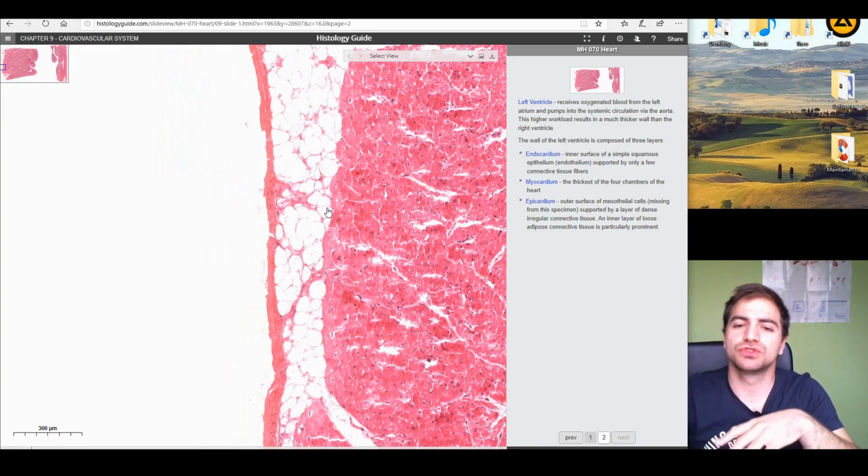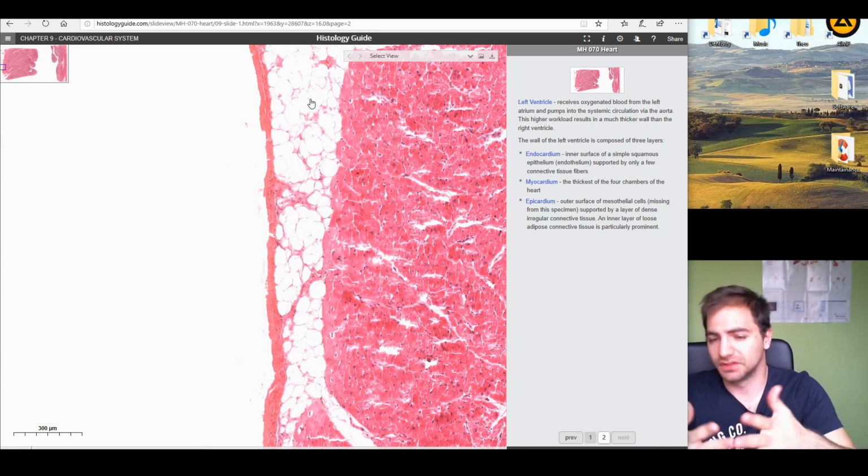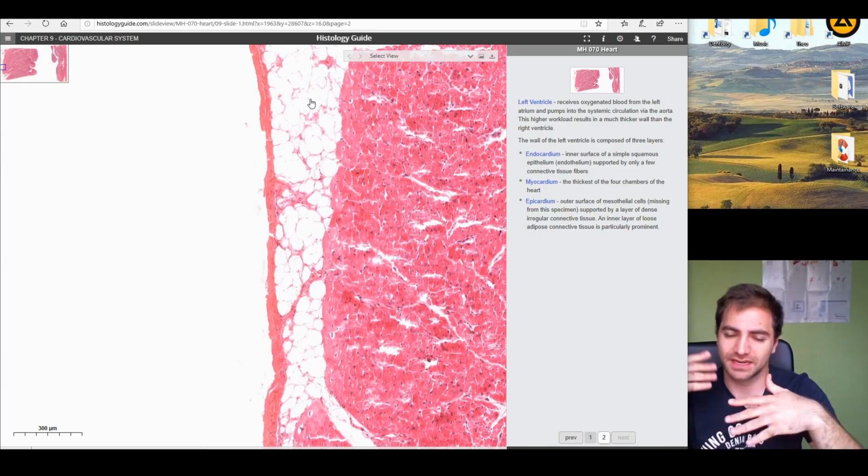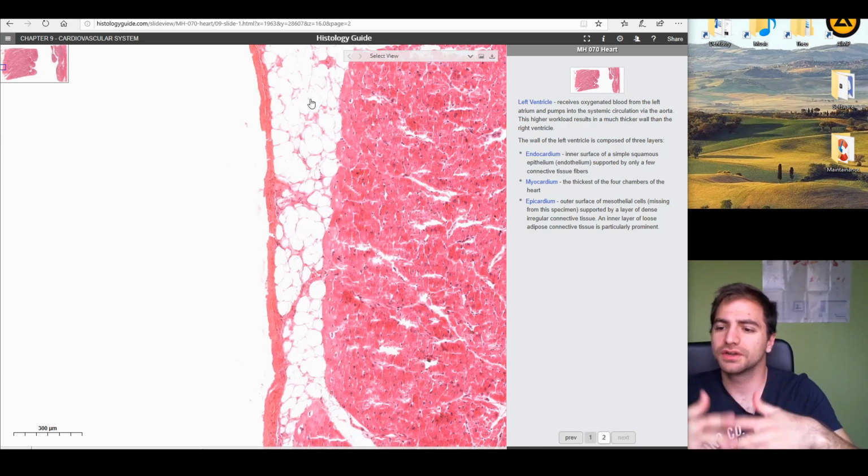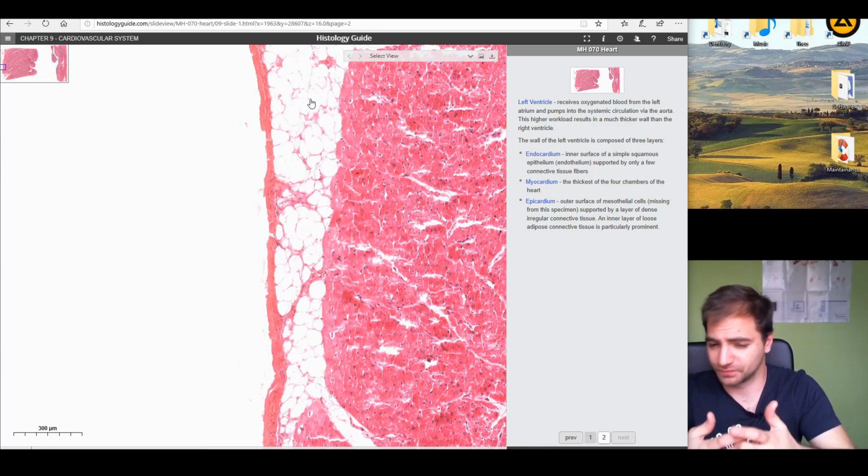So it's not uncommon to find adipose tissue between the outer layers of the heart, and this is a normal physiological presence that doesn't denote pathology. But of course, an excessive amount of adipose tissue exerts excessive mechanical work on the heart's workload.